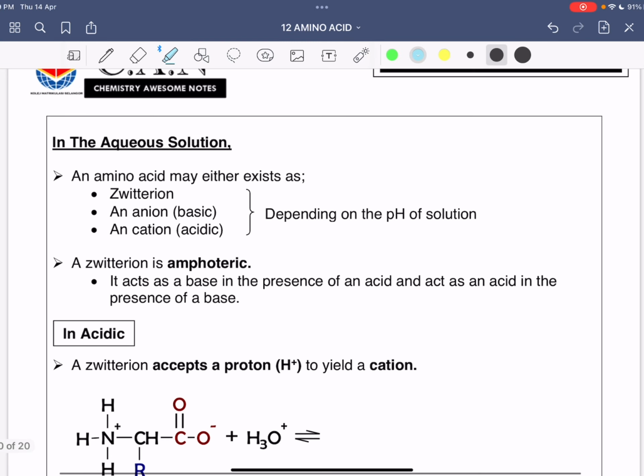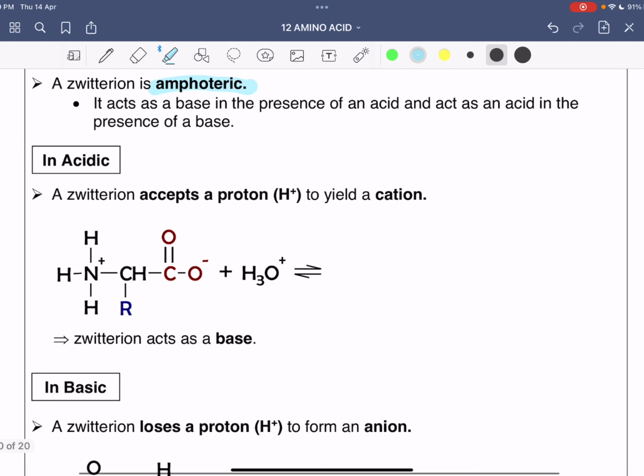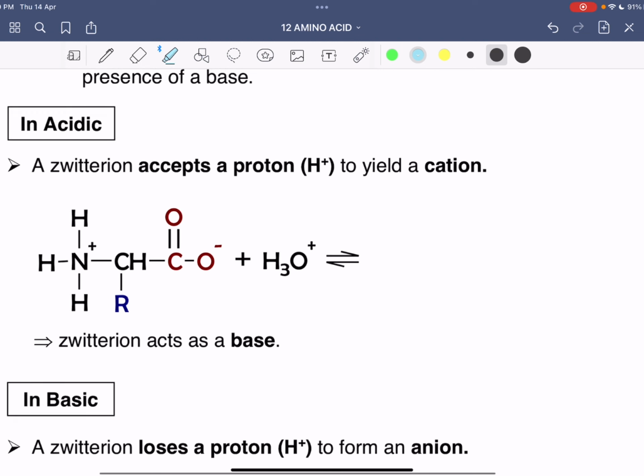Now, amino acid can exist as zwitterion, or can be an anion, or a cation. Why? Because zwitterion is amphoteric. You know what amphoteric is, right? It can be a base, or sometimes it can be acidic. So what will happen in acidic solution?